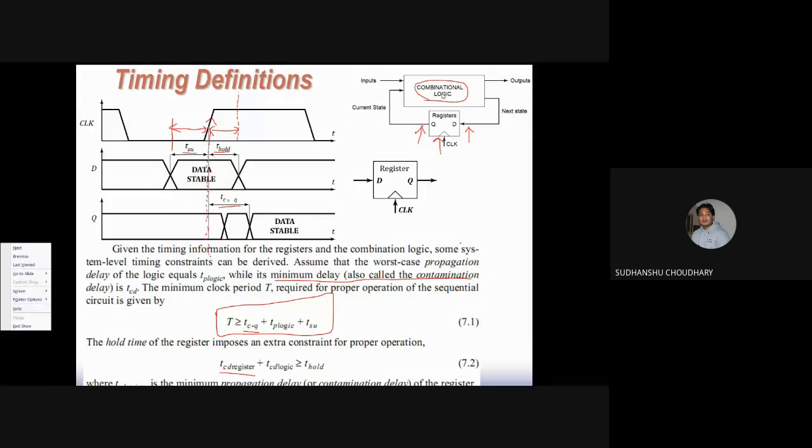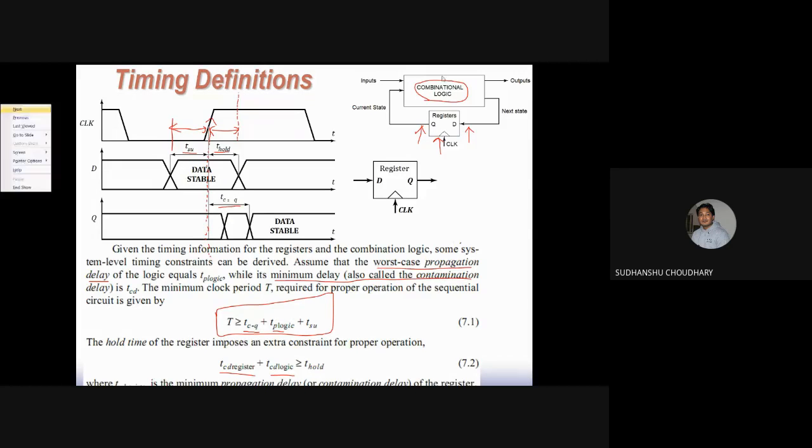Similarly, for this combinational logic block, we define two delays. One is TP logic, which is the worst case propagation delay of this combinational logic block, and we also define contamination delay of logic for this combinational logic block. So contamination delay of this logic block is the minimum delay of this combinational logic block.